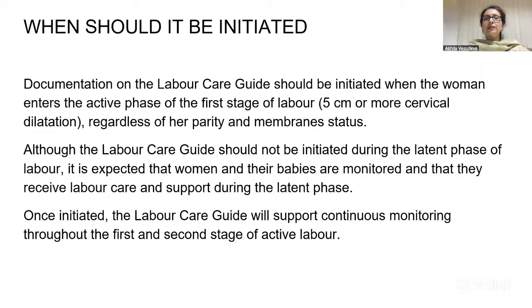And only after 6 centimeters, they could give a particular median duration for the rate of dilatation. So that is the reason why they have kept active stage of labor at 5 centimeters. So what it means is that you should not intervene before 5 centimeters. So that's all it means.